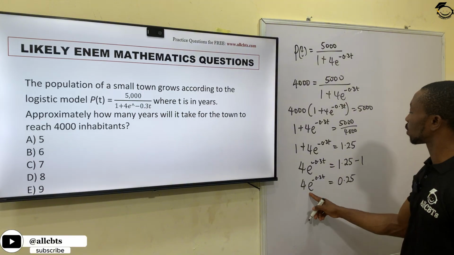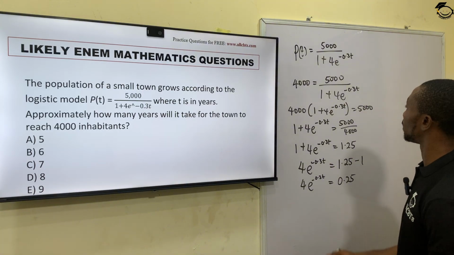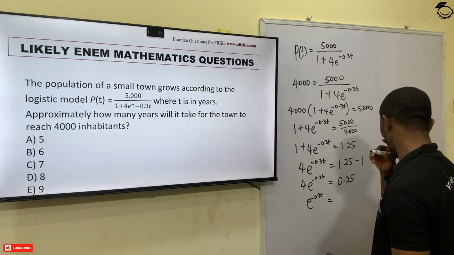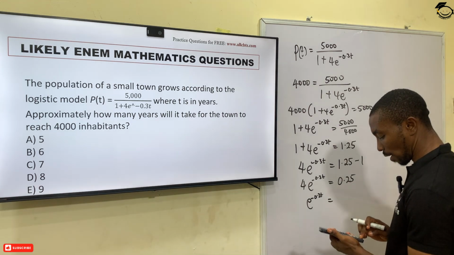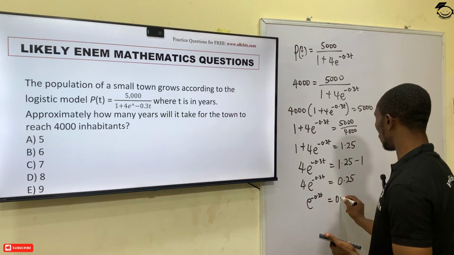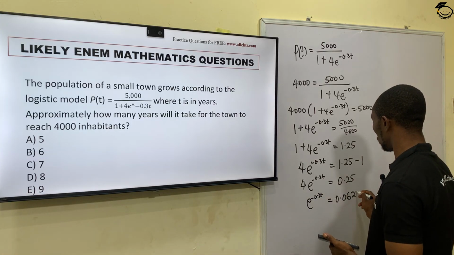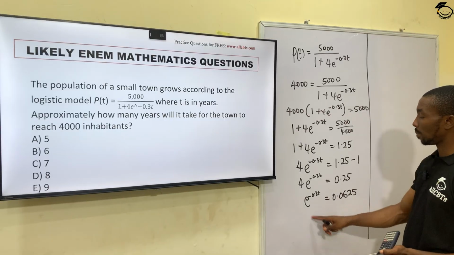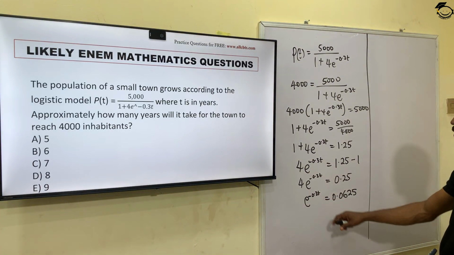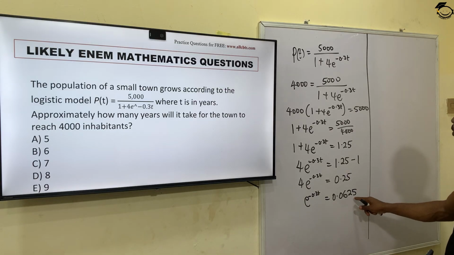Now, since 4 is multiplying this, we'll divide both sides by 4. So we'll be left with e raised to the power minus 0.3t equals 0.25 divided by 4, which gives us 0.0625.